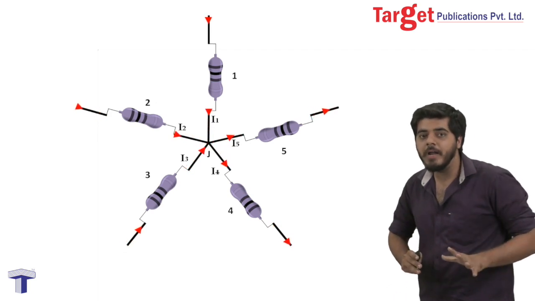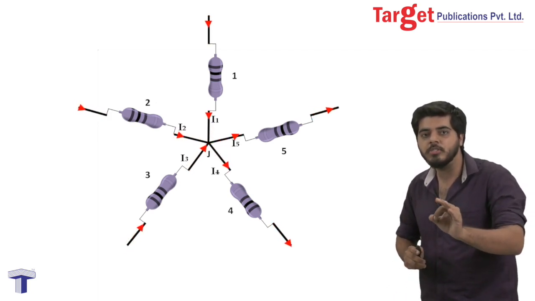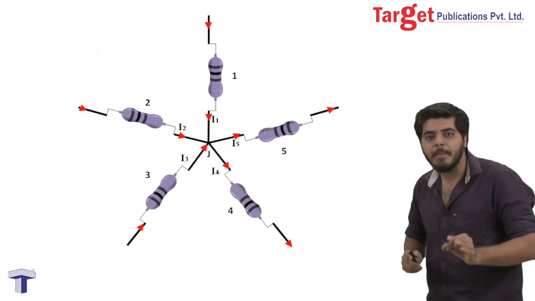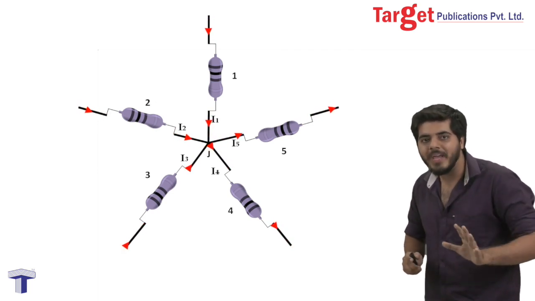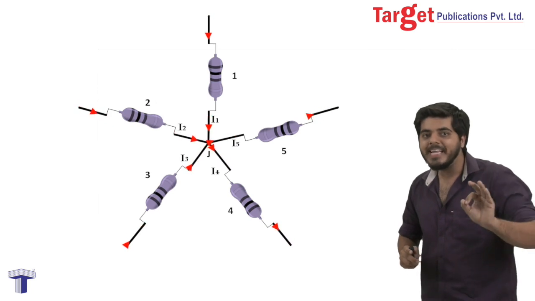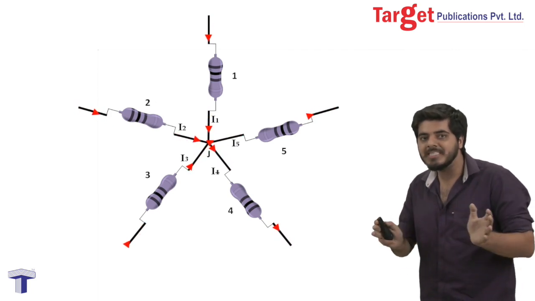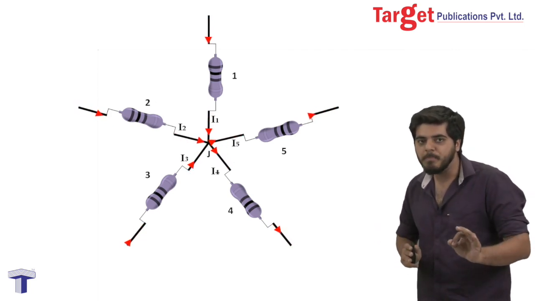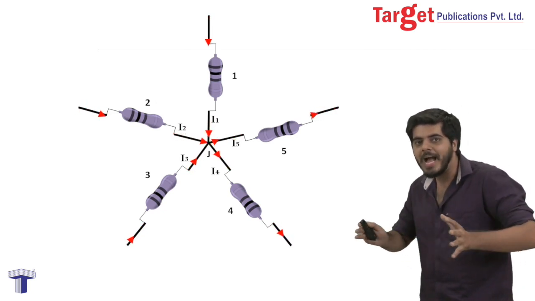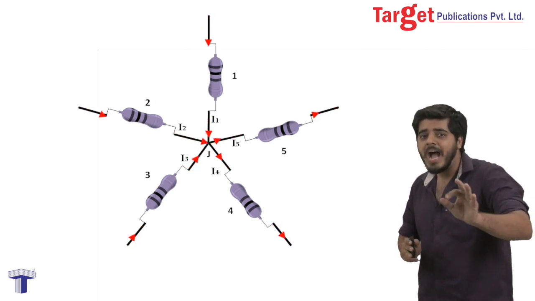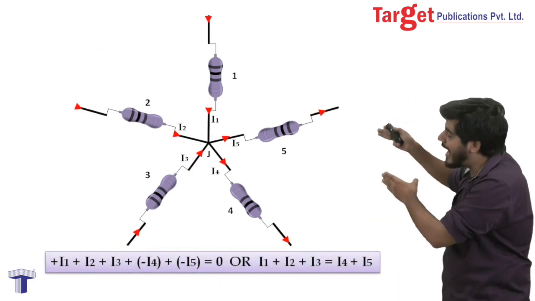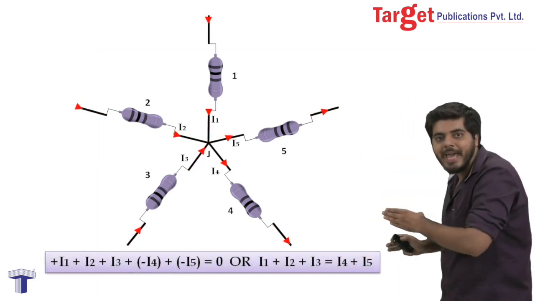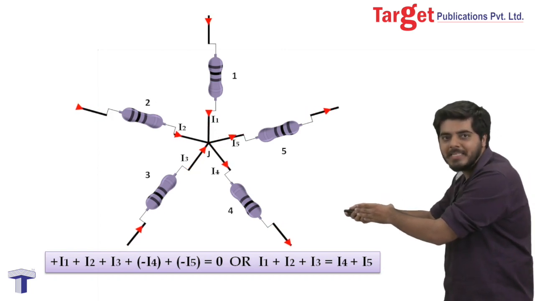Now recall everyone what we have said. According to Kirchhoff's first law, the algebraic sum of every current at any junction is always equal to 0. Sign convention tells us the current which is coming in is taken as positive, the current which is going out is taken as negative. According to that, as our current I1 is coming in inward direction, I am going to write it as plus I1.